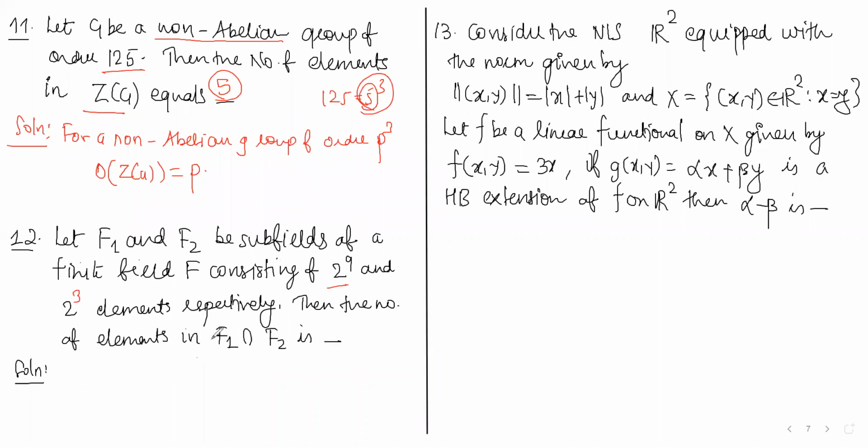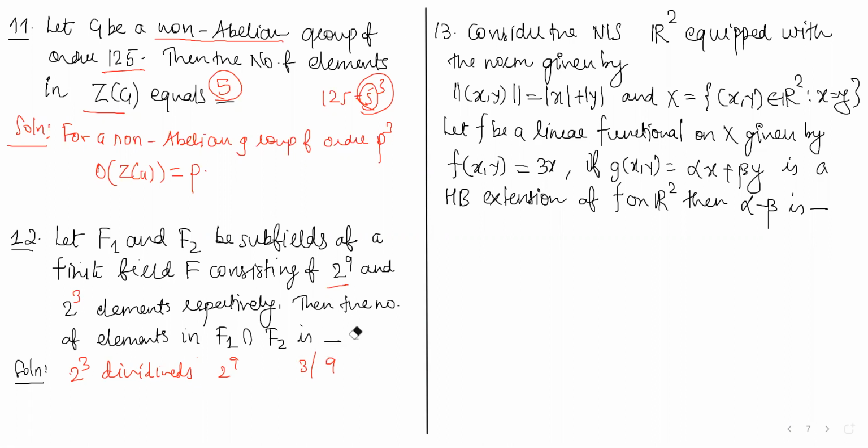We see that 2 power 3 divides 2 power 9. That means 9 is divisible only by 3, and nobody else.